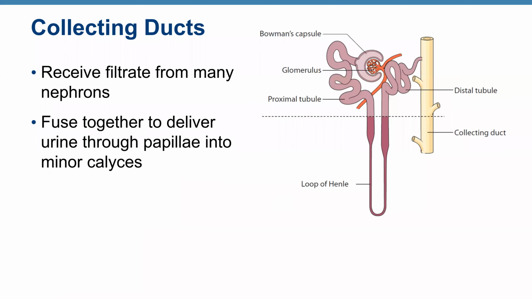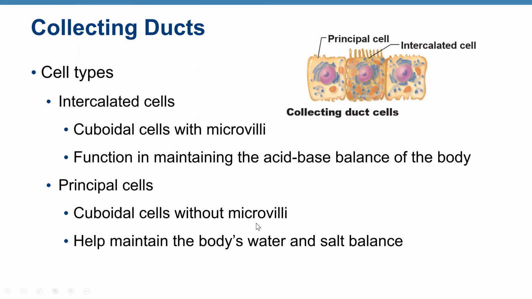Collecting ducts receive filtrate from many nephrons and fuse together to deliver urine through papillae into minor calyces. So here's our collecting duct. Cell types: we have two major cell types.